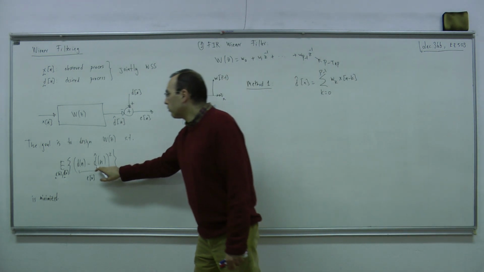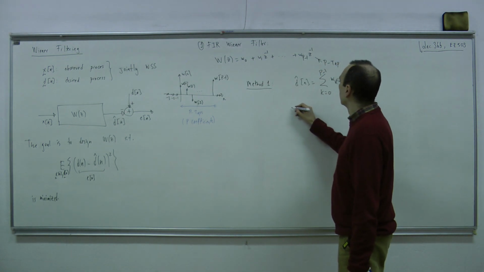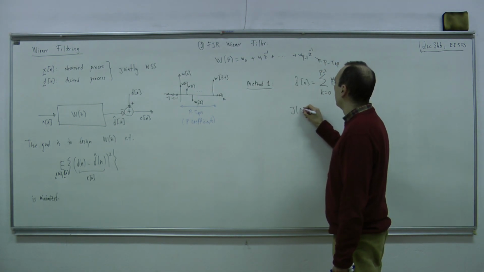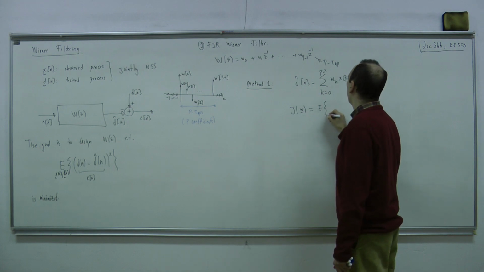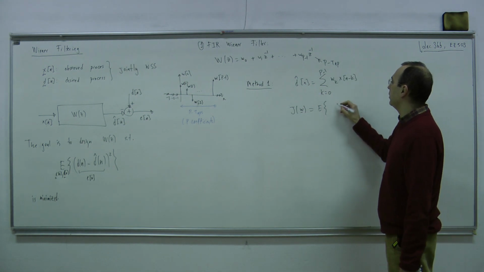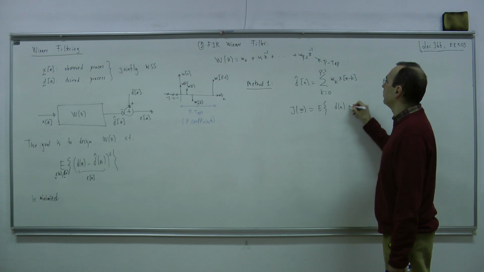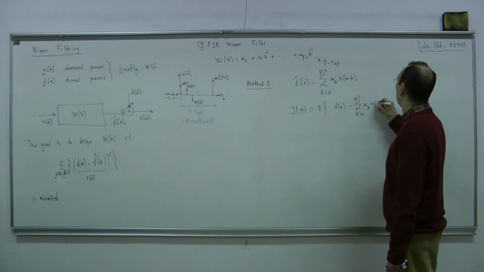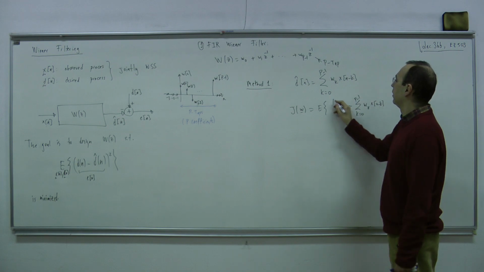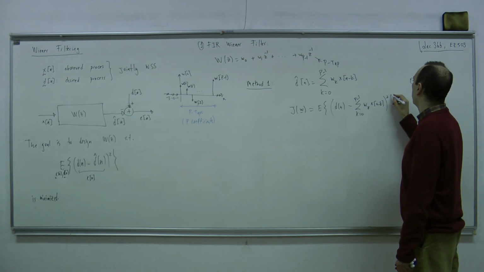Then I can write this. So this is my cost function. So this is my w vector, vector of unknowns. So the expectation will be d minus d hat, isn't it? D of n minus sum of w of k, x of n minus k, squared.